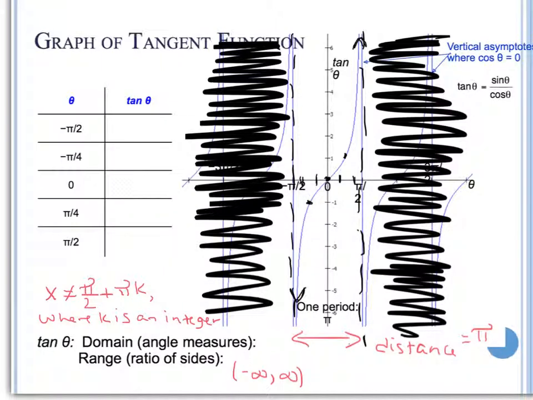So I need to go positive, adding every single pi. And I need to go negative, subtracting off every single pi, so that I can get all the vertical asymptotes that are included in this graph.